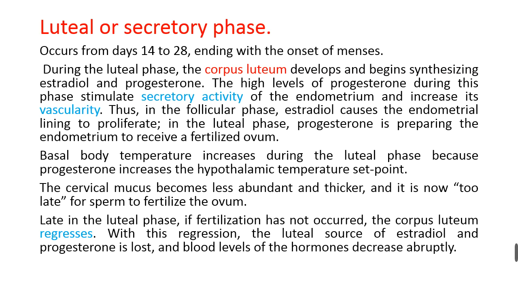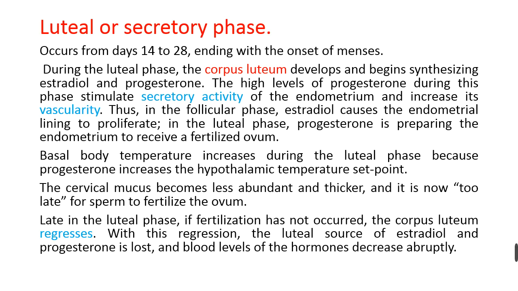The last phase is the luteal or secretory phase. It occurs from day 14 to day 28, ending with the onset of menses. During the luteal phase, the corpus luteum develops and begins to synthesize estradiol and progesterone.